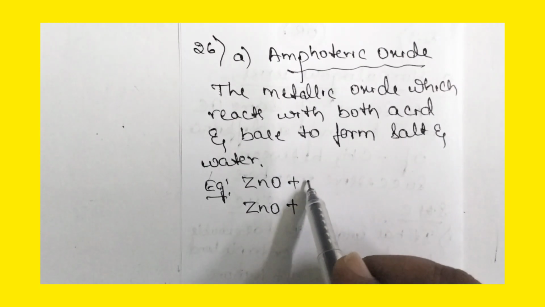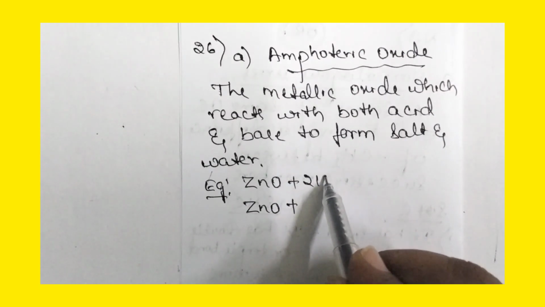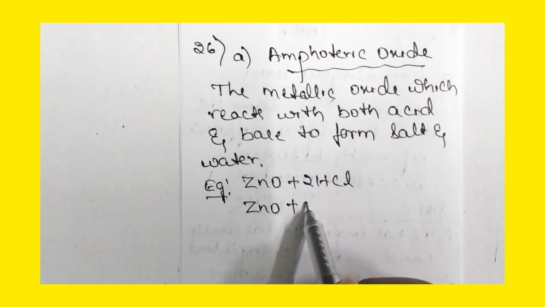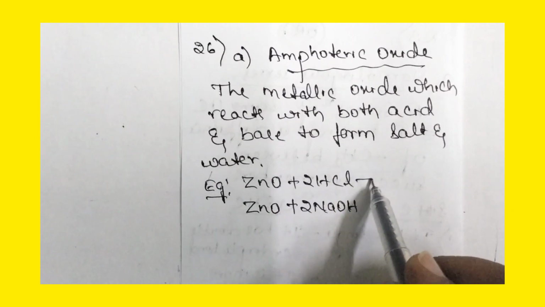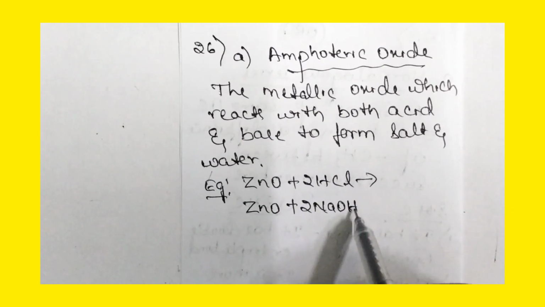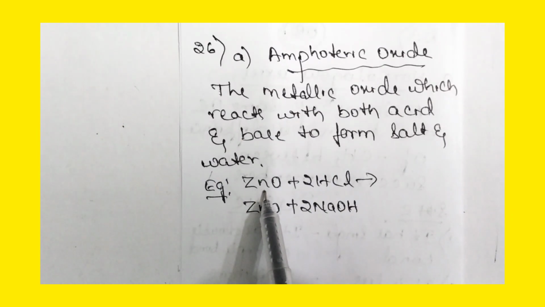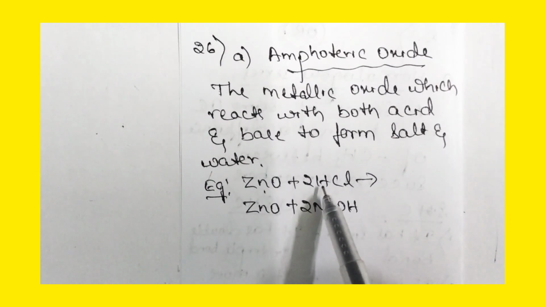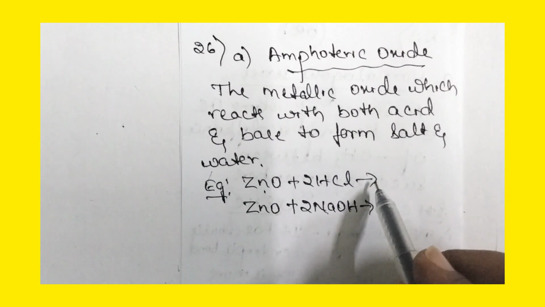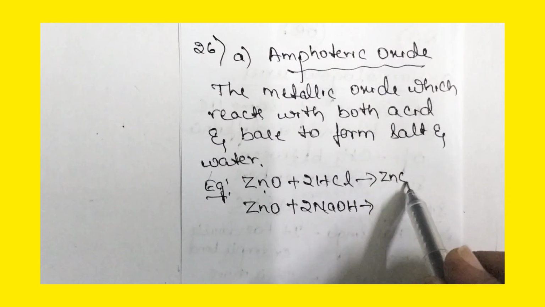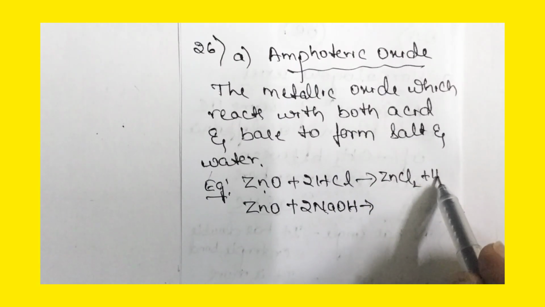So zinc oxide reacts with hydrochloric acid. Zinc oxide reacts with sodium hydroxide. This is acid and this is base. This is a metallic oxide. This metallic oxide reacts with both acid and base to form salt and water. So it gives rise to ZnCl2 plus H2O.